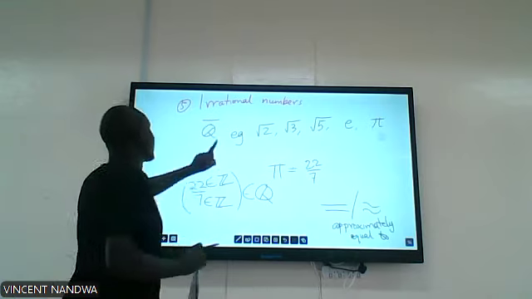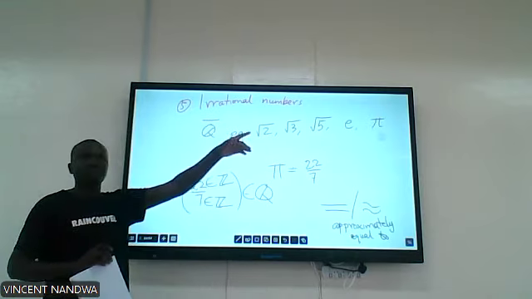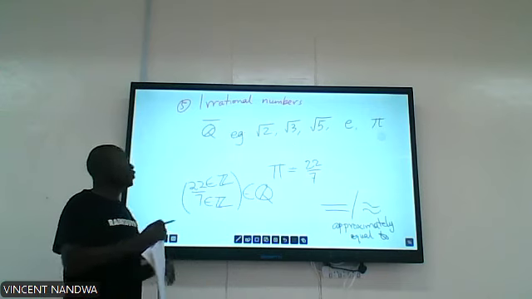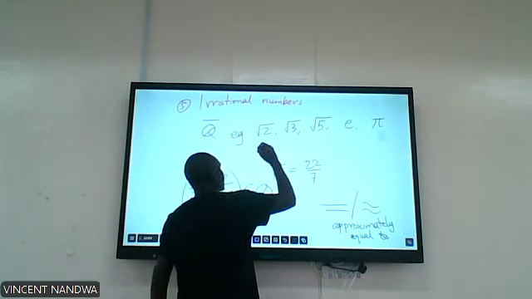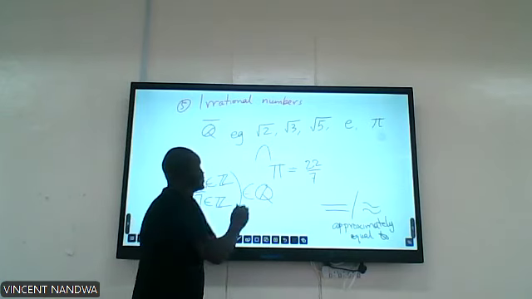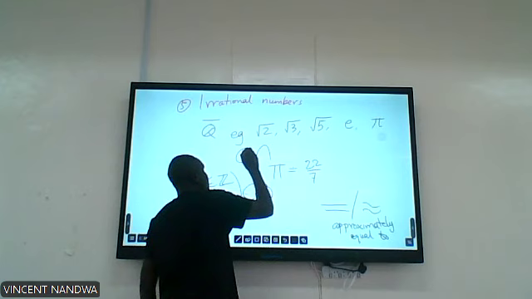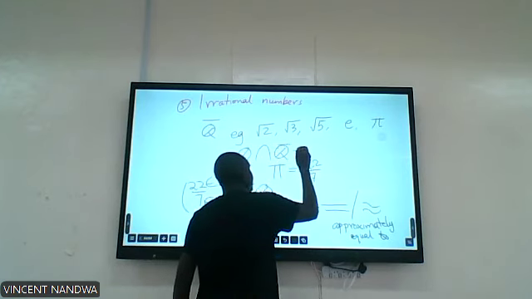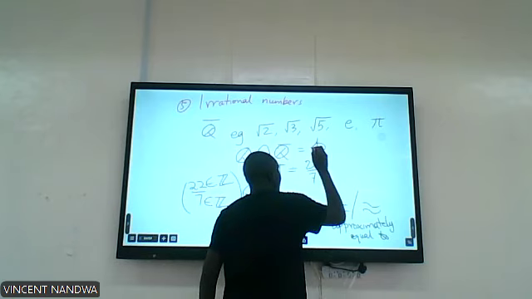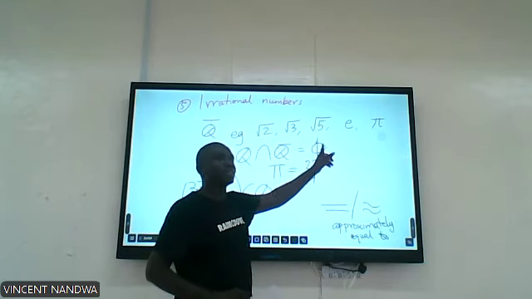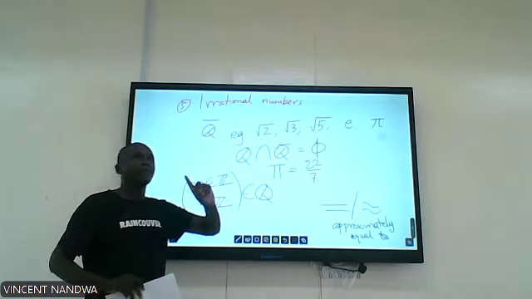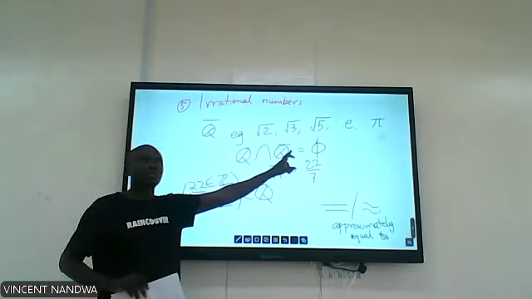So know that rational and irrational is day and night. There's no number which is both rational and irrational. So there's this notation we call intersection, so we usually write Q intersect Q bar is empty. This means empty, there's nothing, it's a set which has no element. There is no number which is both rational and irrational.